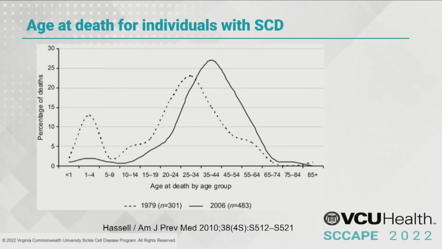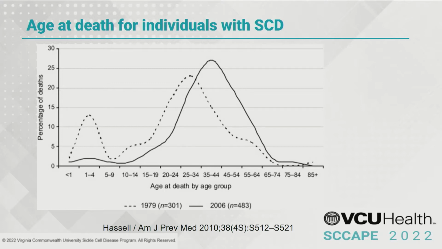So a little bit about the mortality in sickle cell disease. The dotted line is looking at the rate of mortality as individuals go through their life. And the dotted line is around the 1970s.